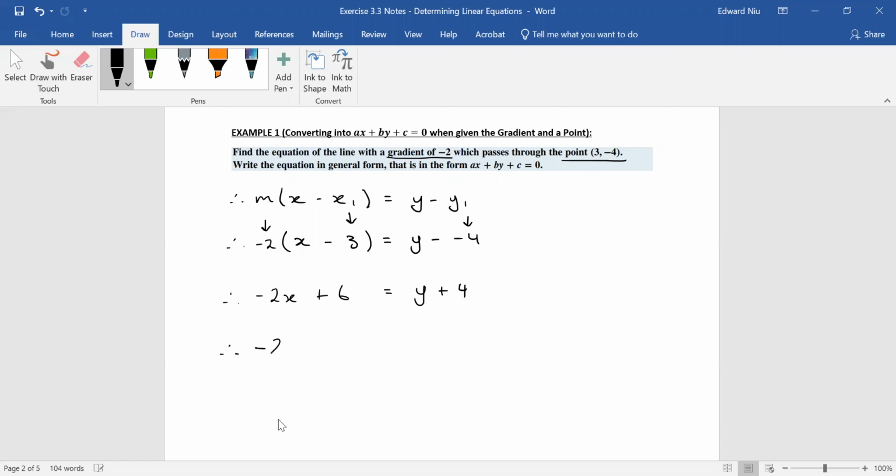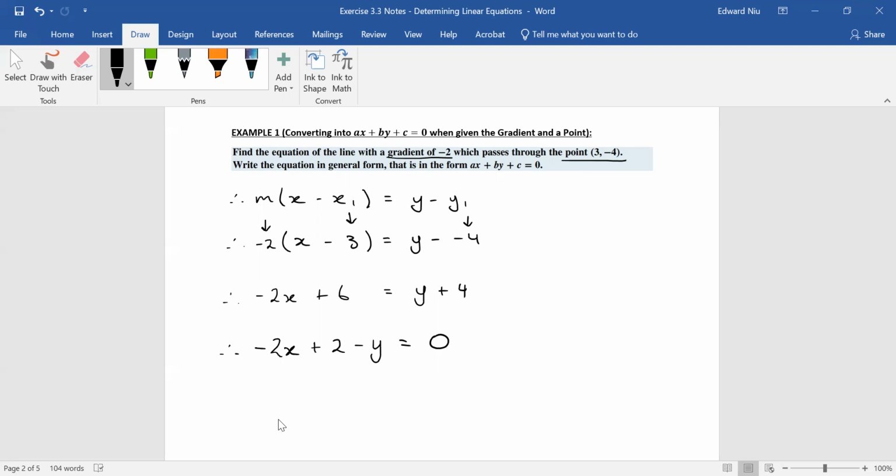We have -2x still on the left side. To get rid of this +4, we subtract 4 on both sides, which gets us +2, because 6 take 4 gets us 2. Then to get rid of this y, we minus y on both sides, which gives us a -y on the left side.